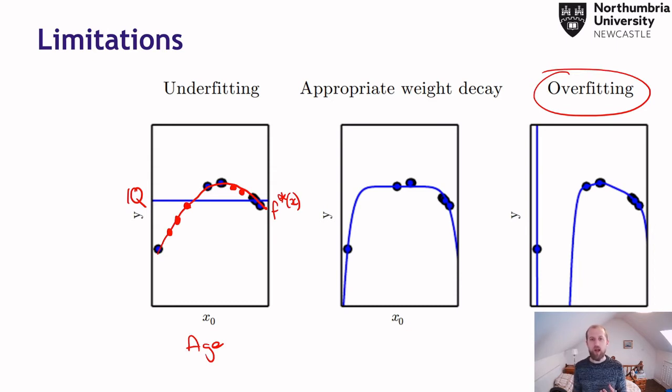And our neural network is going to be the blue line, f of x, which is trying to approximate this red line. So we want the blue line to be as close to the red line as possible. Underfitting happens when the model just doesn't understand the data at all. Overfitting happens when it understands the data too well.